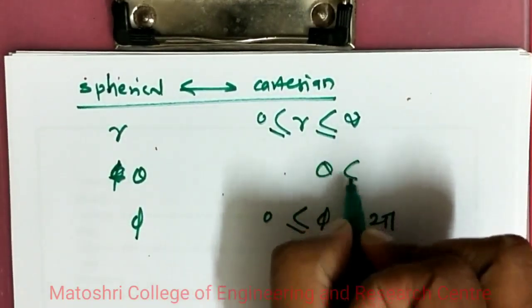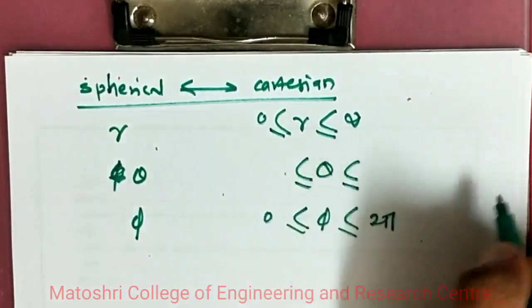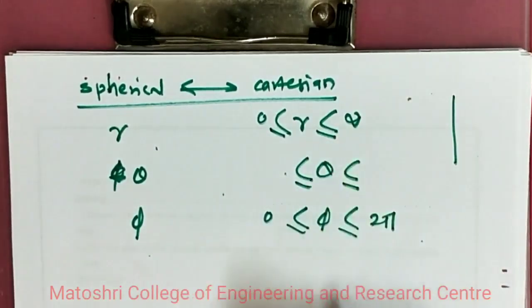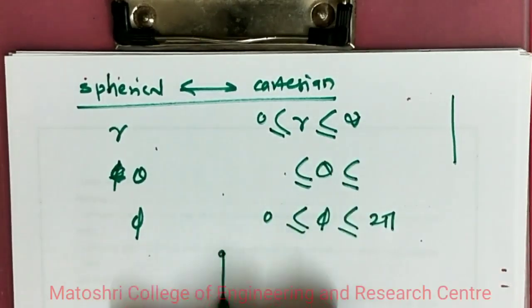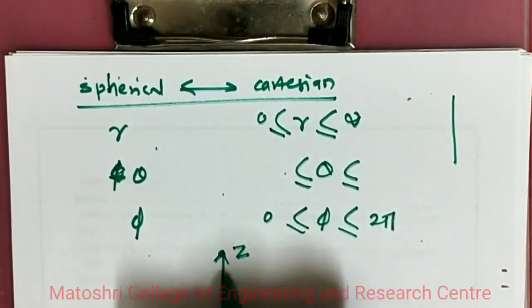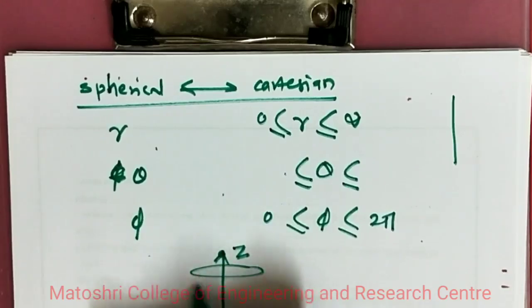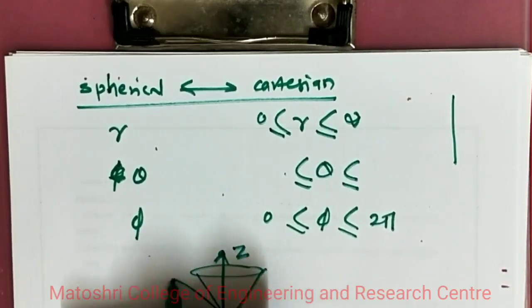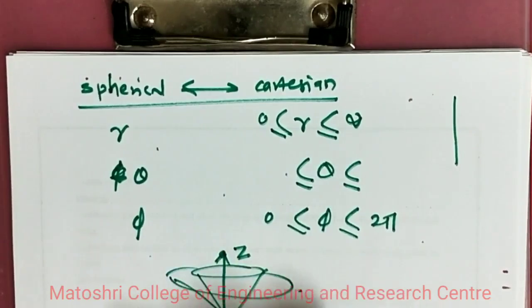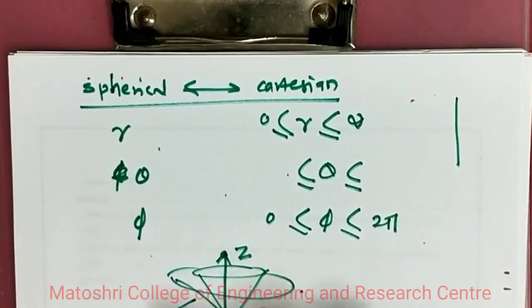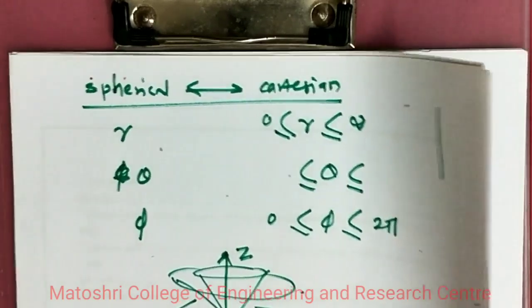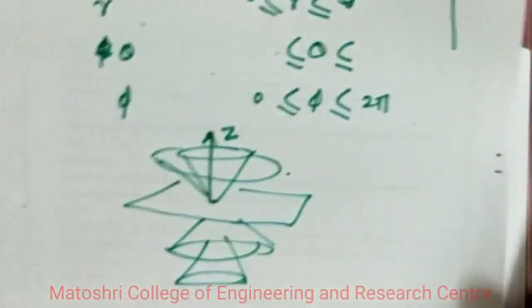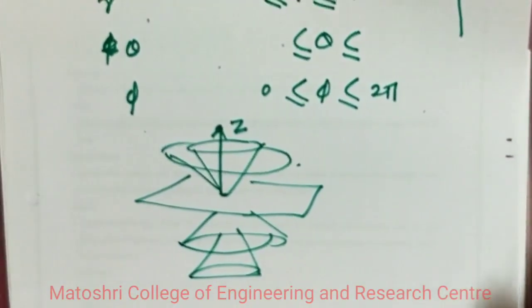Now what is your angle theta? It is the angle of a cone, measured with respect to the positive z axis. Now we are varying this cone with different angles. At 90 it will be a plane surface, and beyond 90 the cone is being inverted. So it will be a conical surface for all the angles except 90.